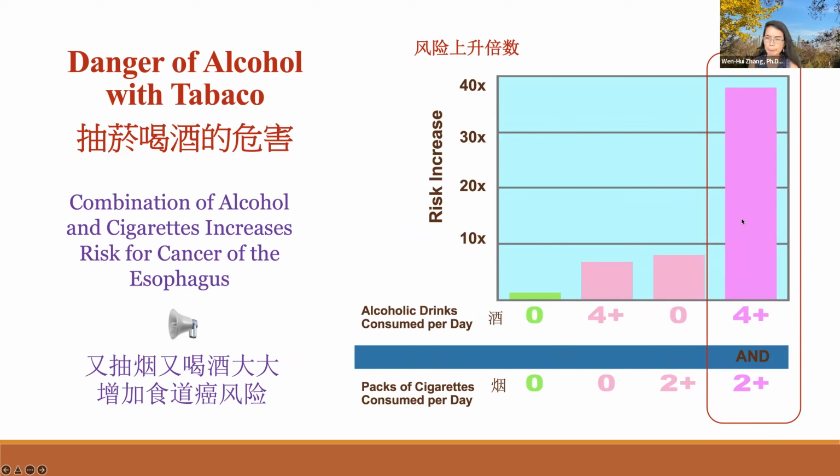But when people combine drinking and smoking, the risk dramatically increases, up to 40 times higher than people that are non-drinking, non-smoking.